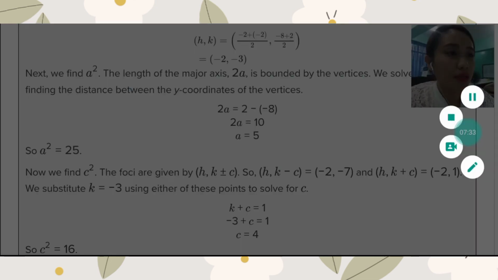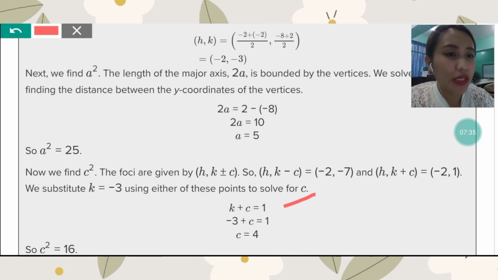Here we use the positive coordinate for the foci, so that's k plus c is equal to 1. So this one right here.